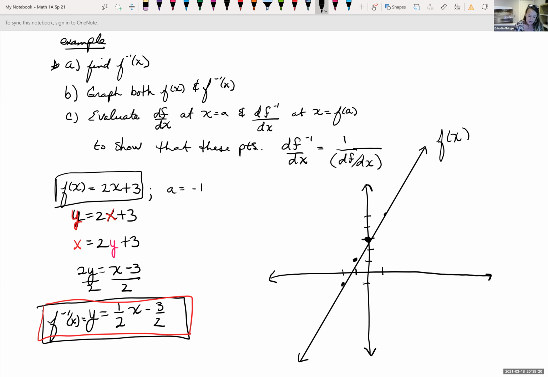Okay, so this time my y-intercept is -3/2, and that's -1.5, and my slope is 1 over 2, or 1/2. So I'm going to put a point at -3/2, which is again -1.5. And if I rise 1, I'm going to run over 2. Or if I fall 1, I would run over 2.